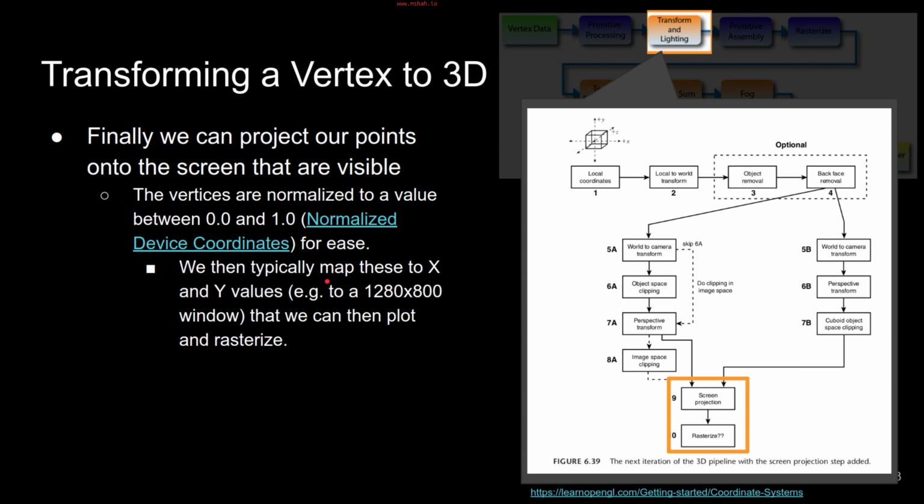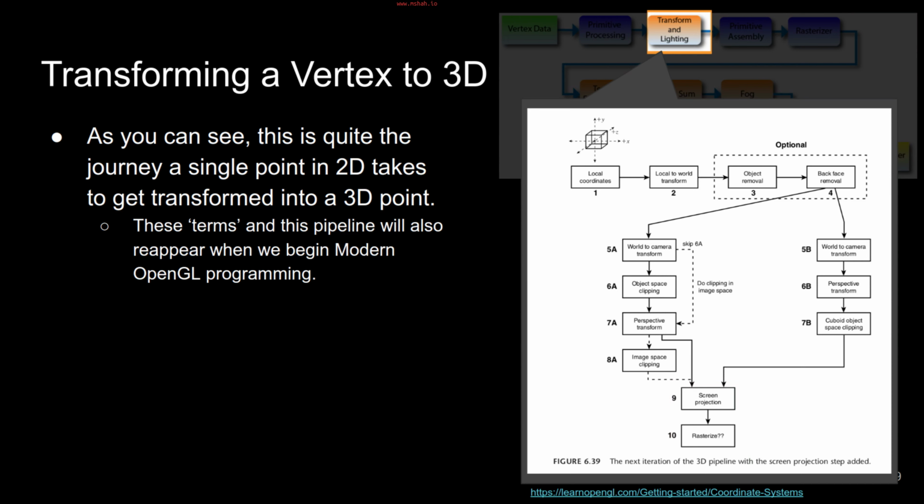And then we map those to however big our window is. So if our window is 1280 by 800, we just map, so 0 would be 0, 0. A full 1.0 value in the x-axis would map to 1280, okay? And then we rasterize things, okay, using the algorithms that we have already built.